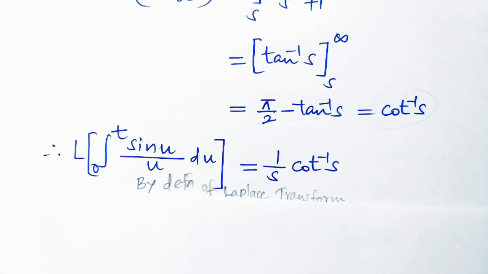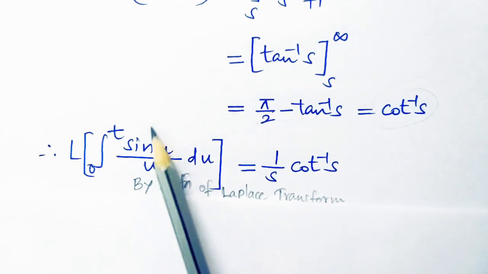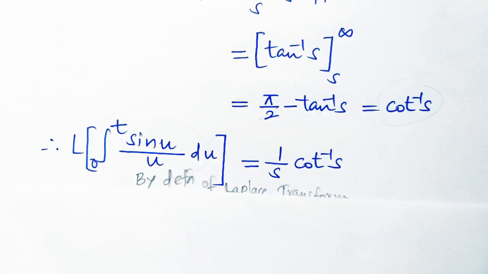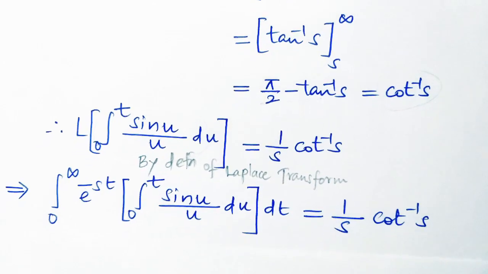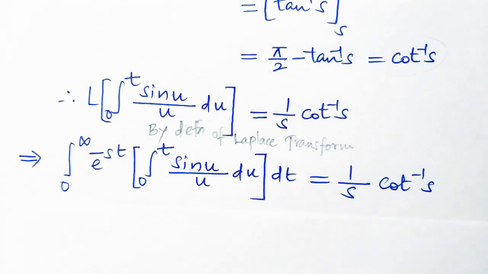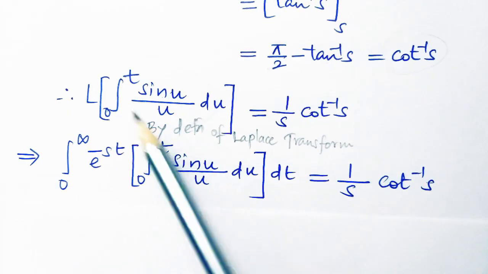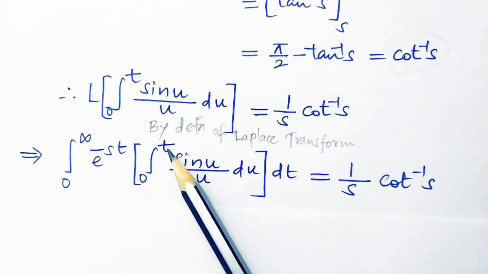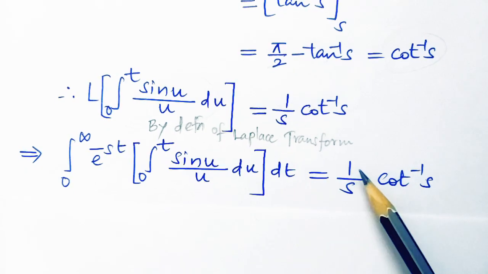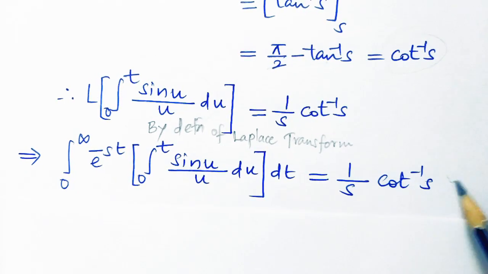If I consider the entire function as f of t, just for reference, then we have integration between 0 to infinity e to the power of minus st, and this function as usual, integration between 0 to t sine of u divided by u du dt, equal to 1 by s cot inverse of s.